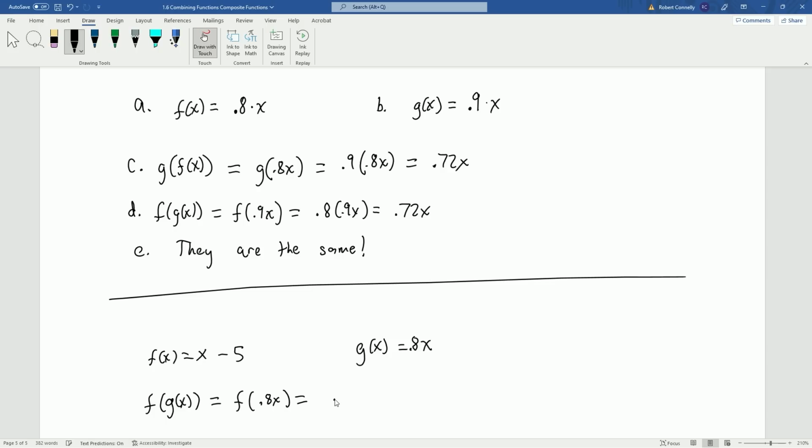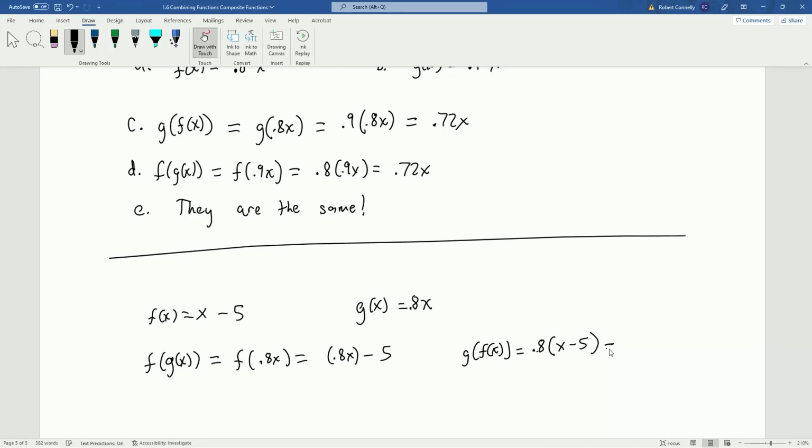So here this gives us 0.8x minus $5 versus g of f of x, which gives us 0.8 times x minus 5, which gives us 0.8x minus 0.8 times 5, which is 0.8x minus 4.